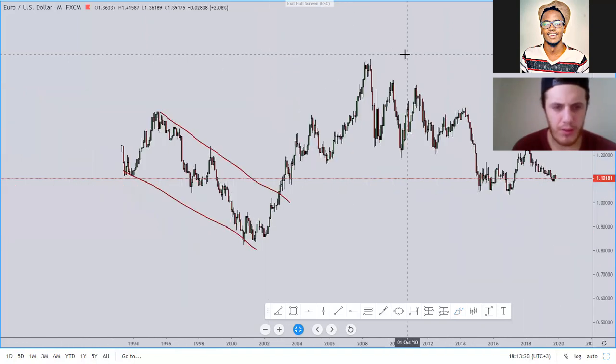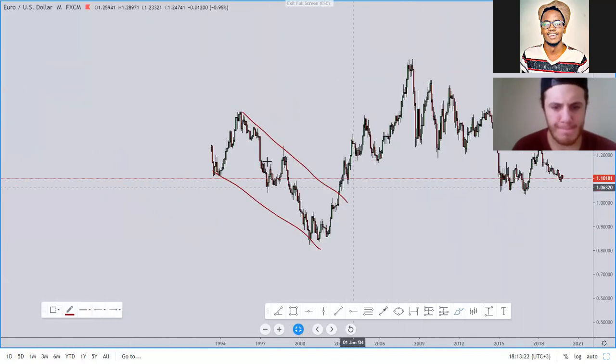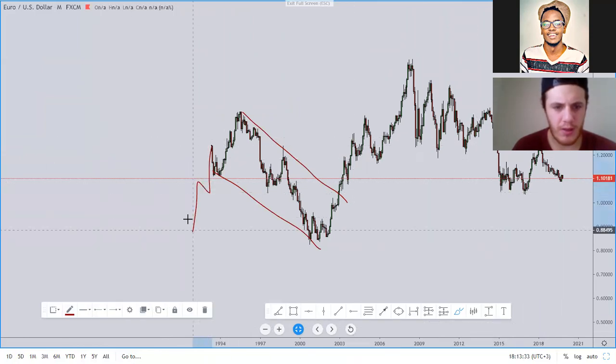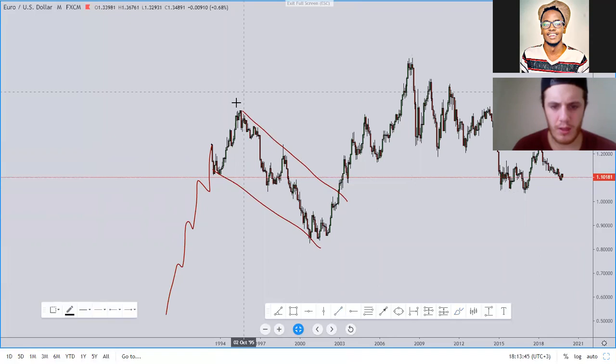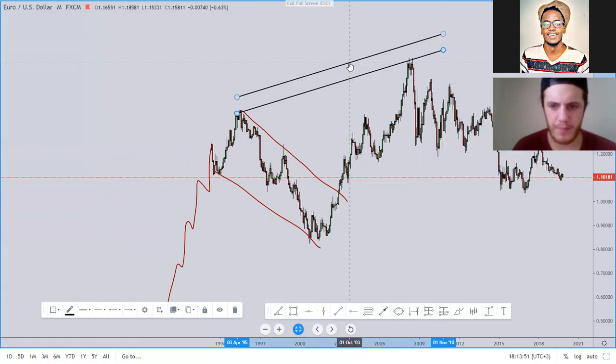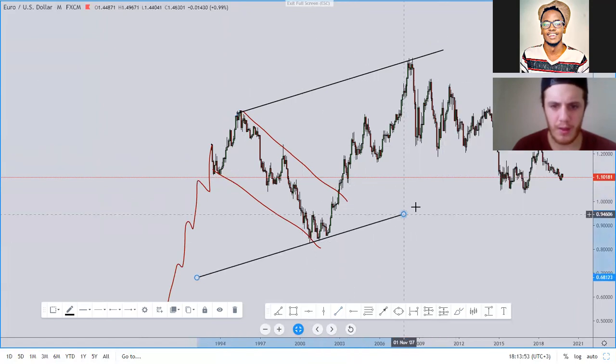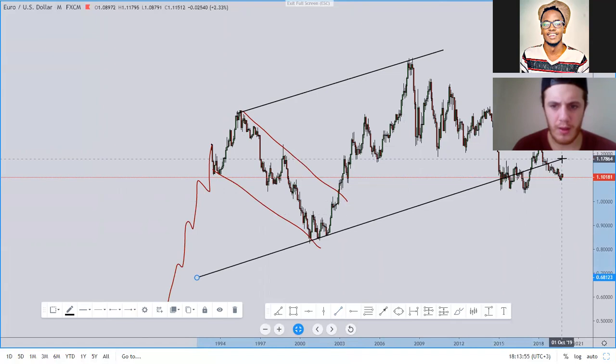That means that if we had more data way before July 1993, we would have seen that we did in fact have a bullish impulse that was followed by a liquidation, then proceeded by a continuation that we are seeing to the upside. This makes the whole entire thing like a trend or a channel, so to say.